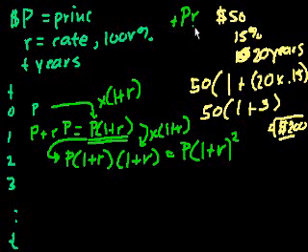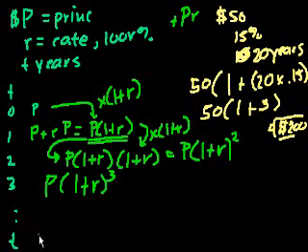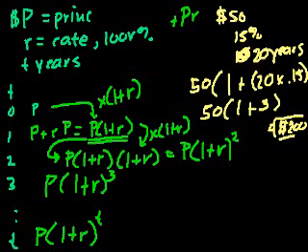So if this was $50 and this is 15%, every year we're adding $7.50 in interest, right? Where P is the principal, R is the rate. In compound interest, every year we're multiplying the principal times 1 plus the rate, right? So if we go to year 3, we're going to multiply this times 1 plus R. So year 3 is P times 1 plus R to the third. So year T is going to be principal times 1 plus R to the Tth power.